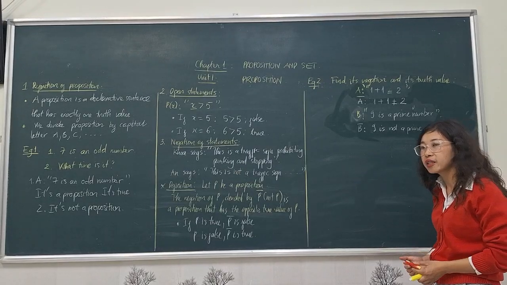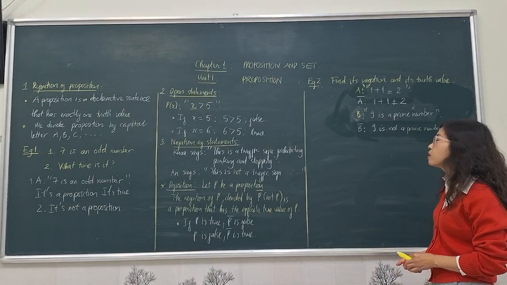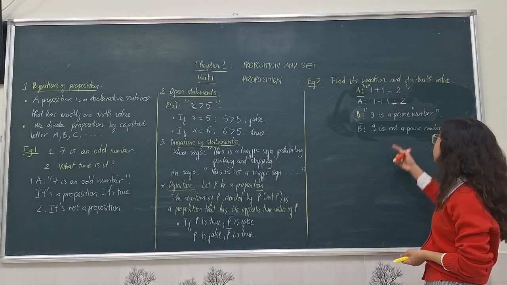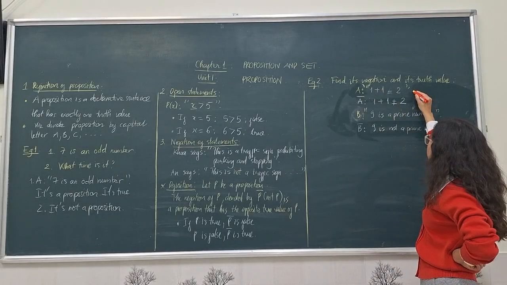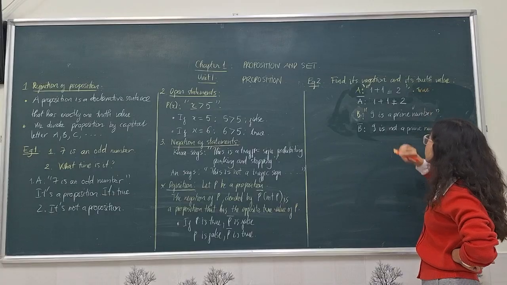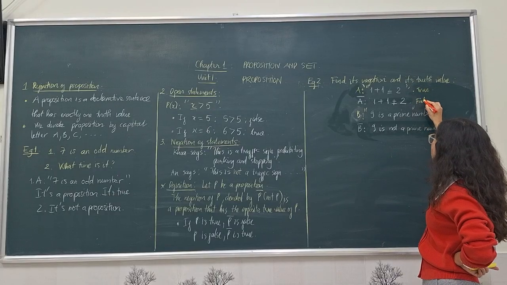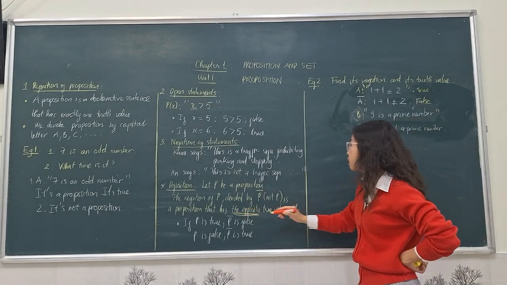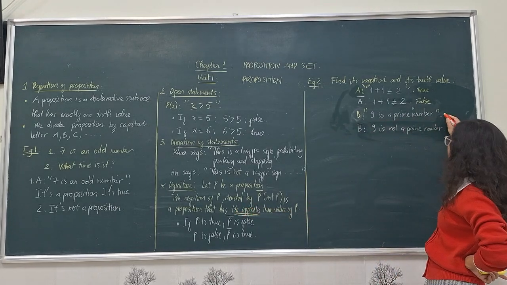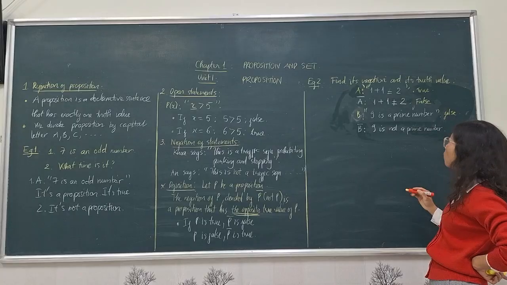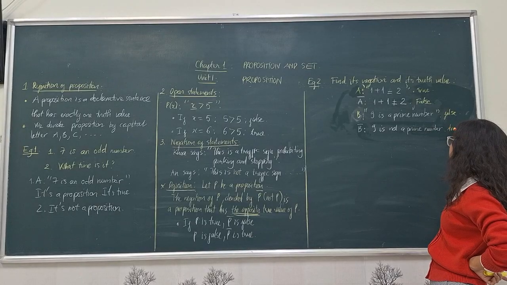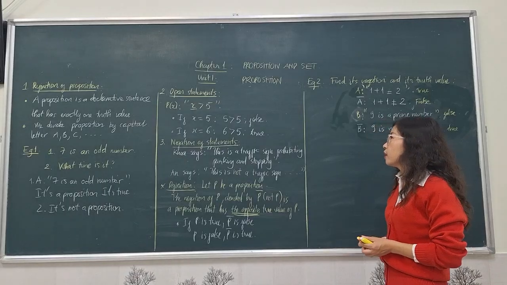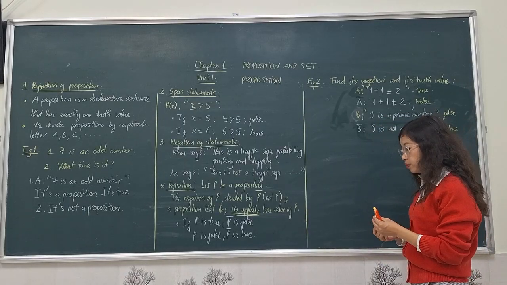To determine the truth values, you can determine the truth values of its original statement like this. A is the true value, so A bar is false because the negation is the opposite. B is the false statement, so B bar is true. Right? We understand? Yeah.